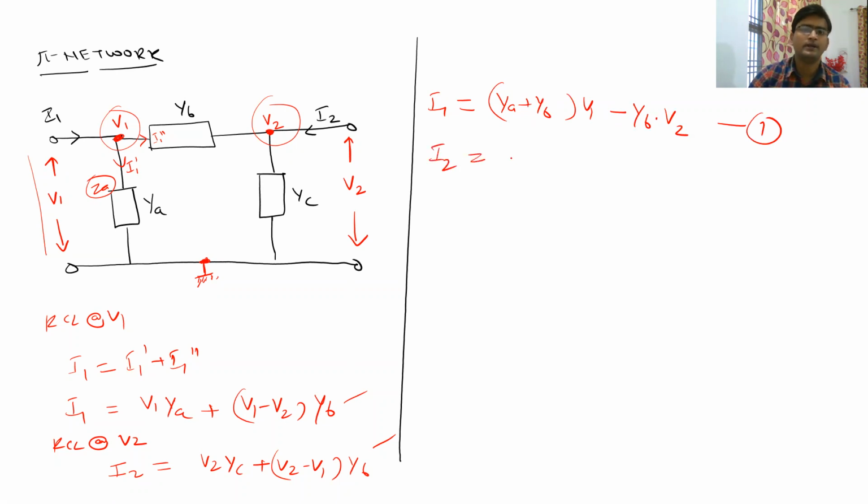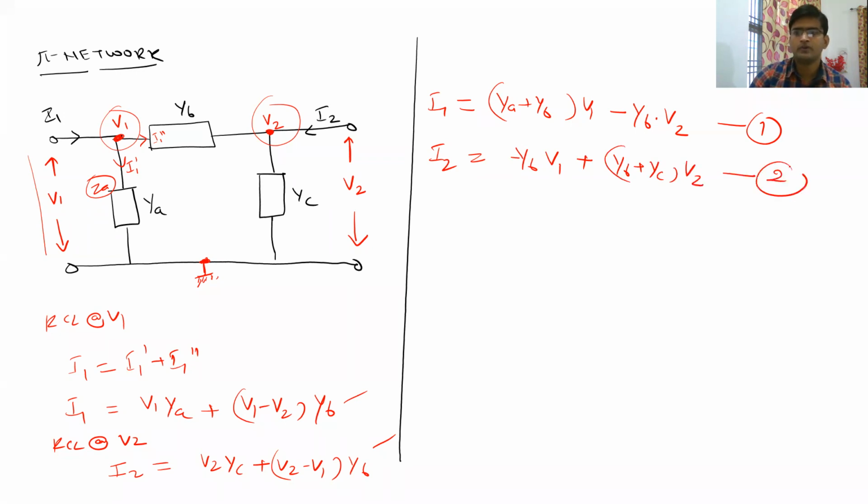Similarly, I2 will be minus YB into V1 plus YB plus YC into V2.